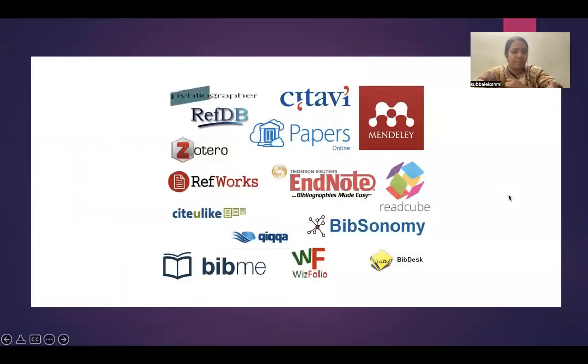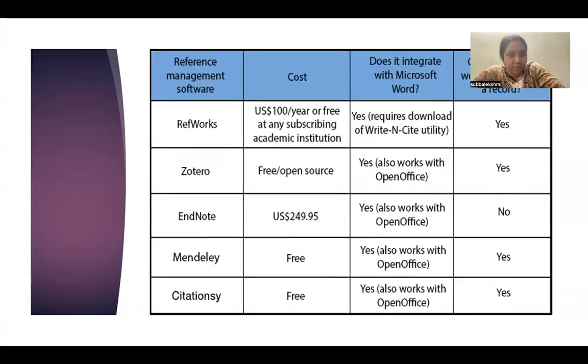So there are a lot of reference manager softwares which are present: RefWorks, Zotero, RefDB, Mendeley, EndNote. These are all the different softwares which are present, of which the most common ones are RefWorks, Zotero, EndNote, Mendeley, and CiteULike.